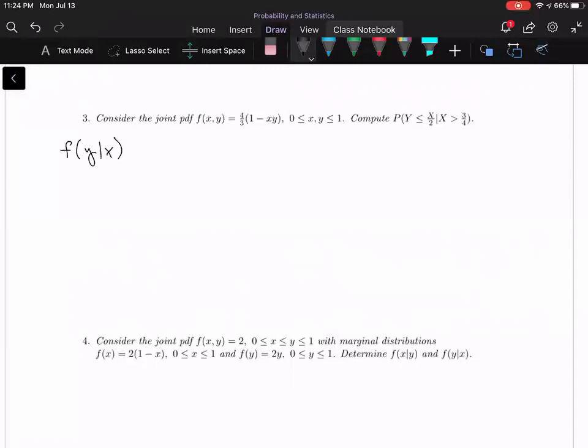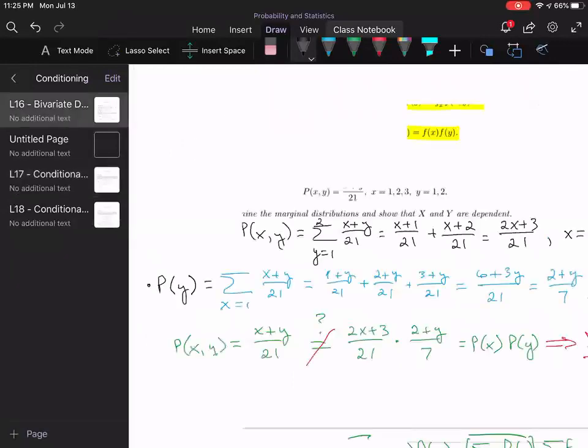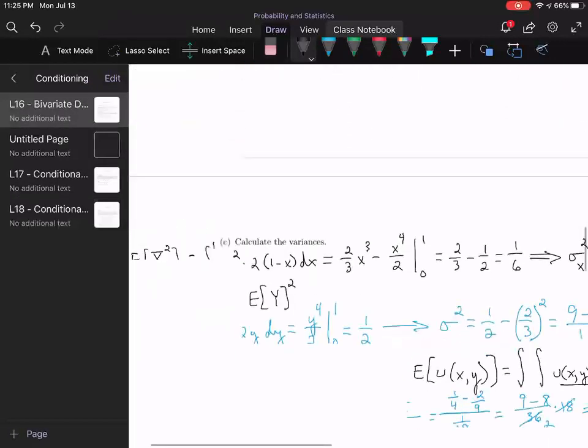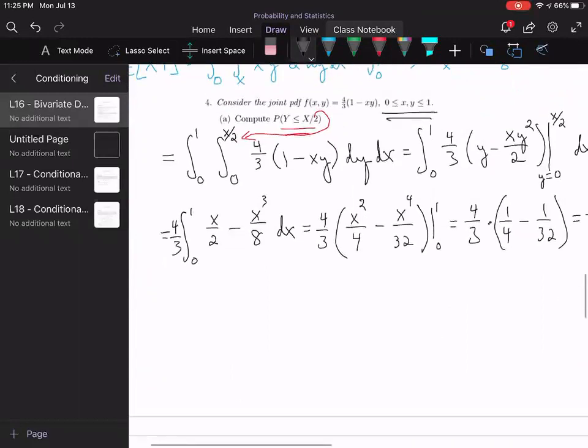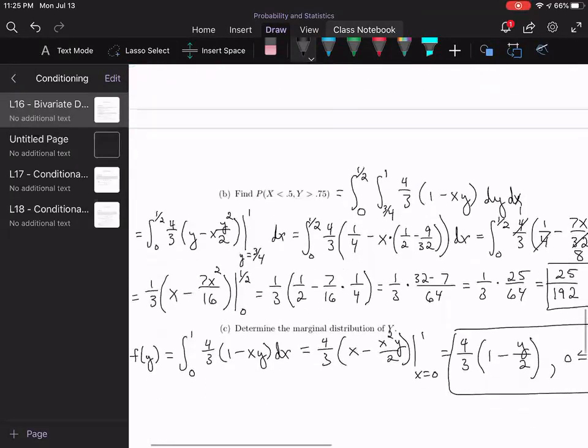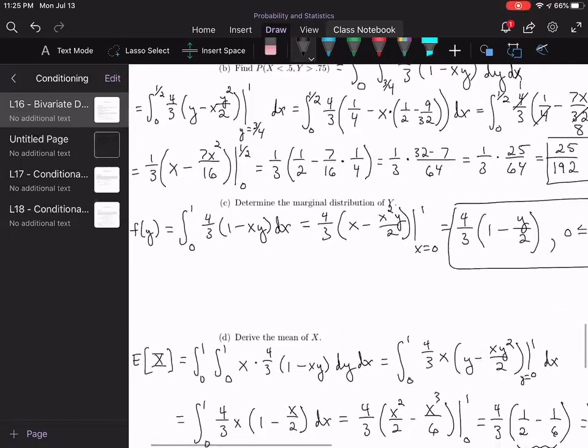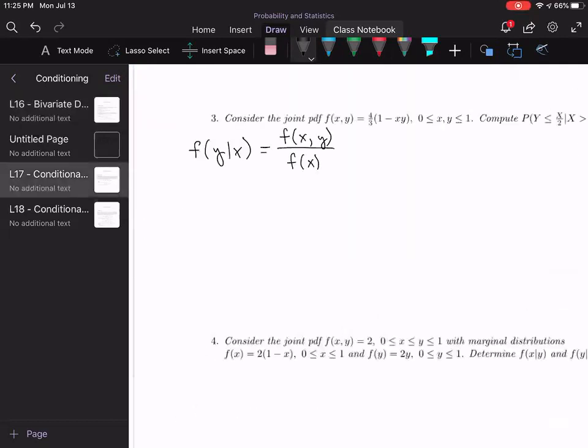And I know it's that order because the probability statement is y given x. So by definition, this is f of xy, which we have, over f of x, which we may have found on the last handout. Let's go take a look. No, we did not. Okay, so let's go find it this time around.